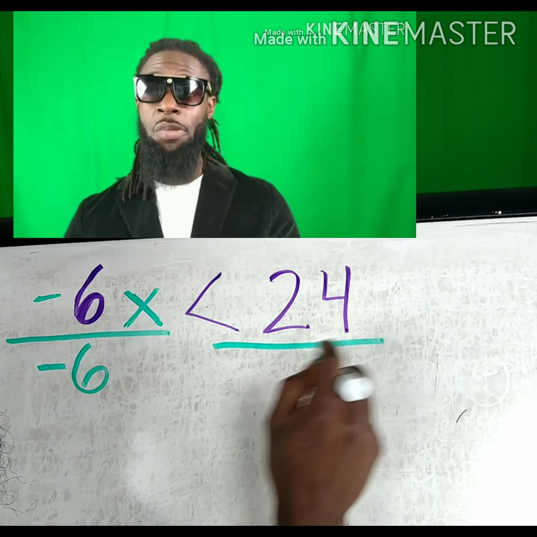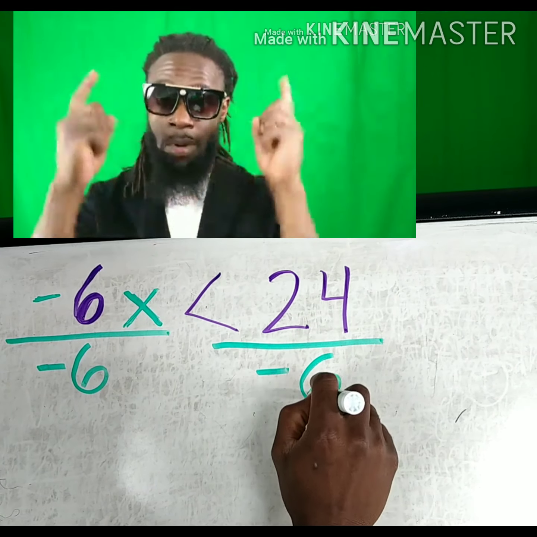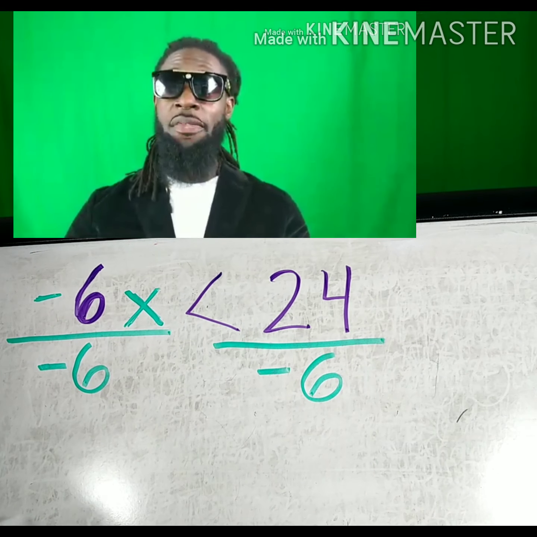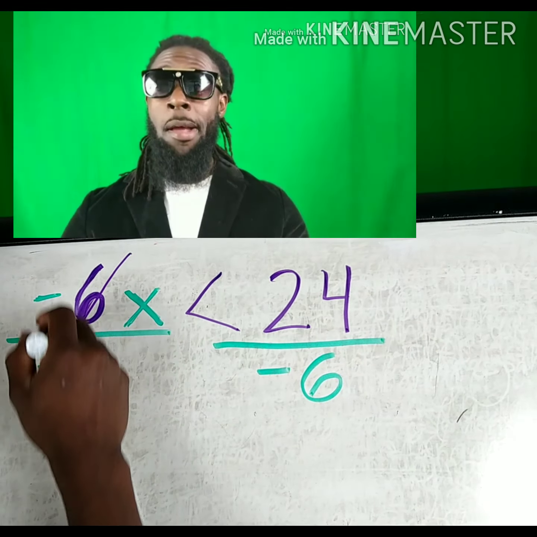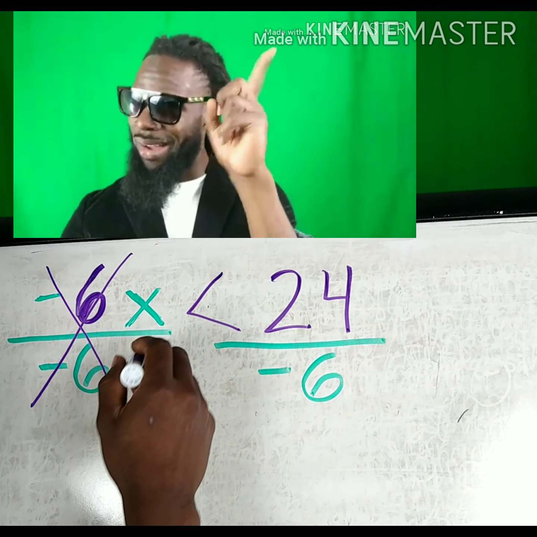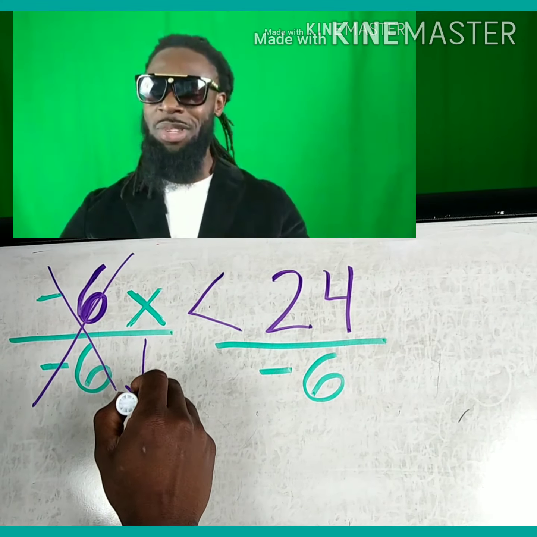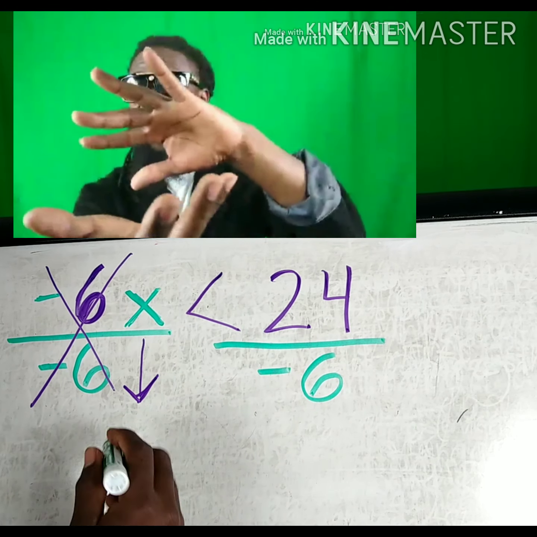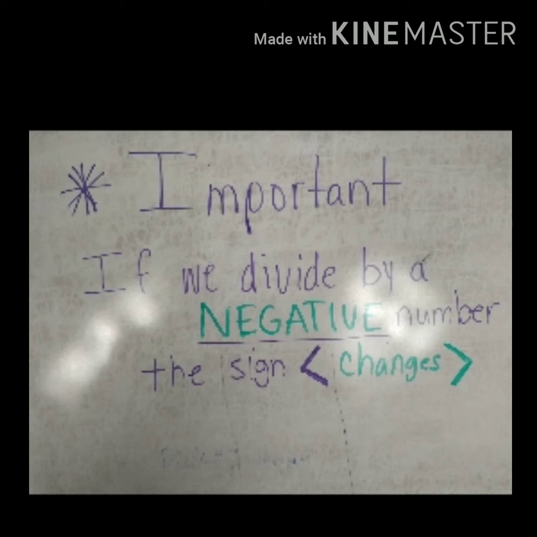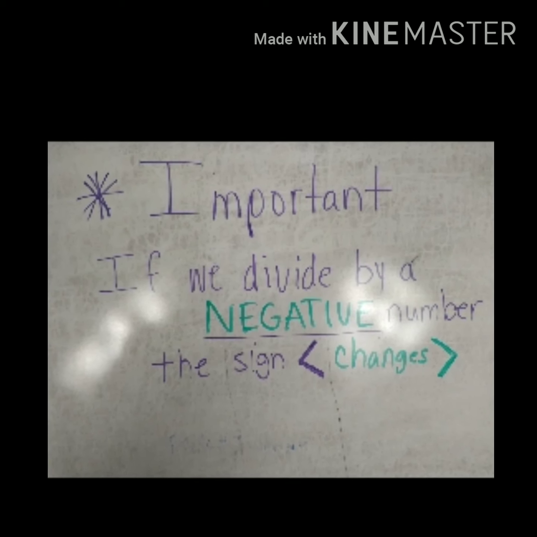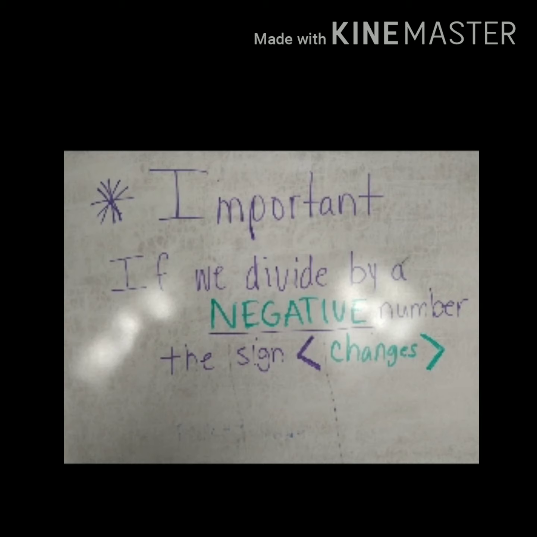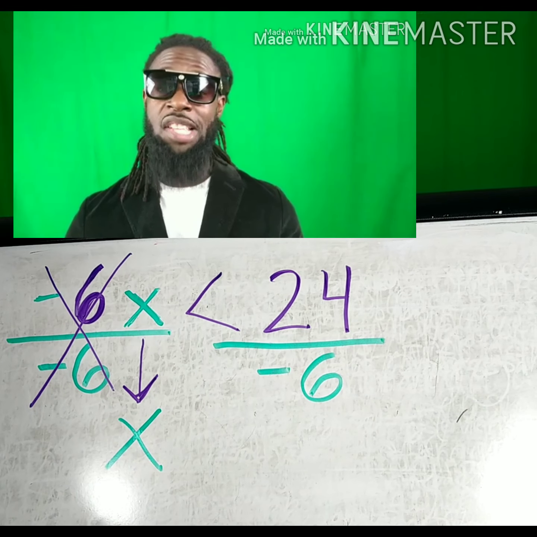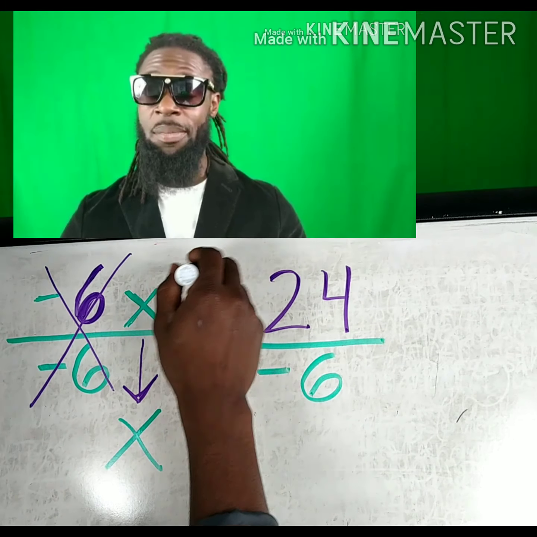Remember, when you divide both sides of an inequality by a negative number, you have to switch the direction of the inequality sign. That's what I really wanted to show you in this type of problem, because we're dividing both sides by negative 6.